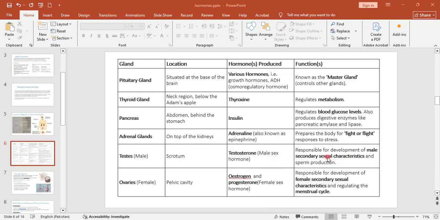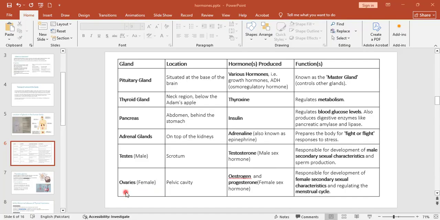Male secondary sexual characteristics are like when you reach puberty, your teenage years, you start to have a mustache or facial hair, your voice starts to deepen, your chest starts to broaden, right? Your muscle mass starts to increase, and also testosterone helps in the production of sperms.